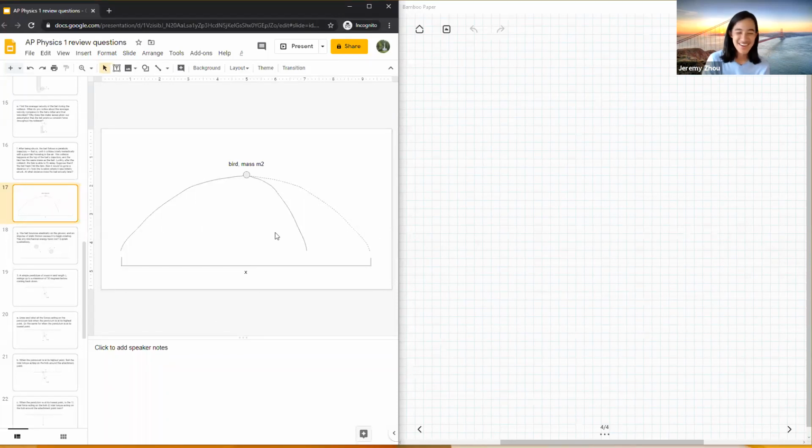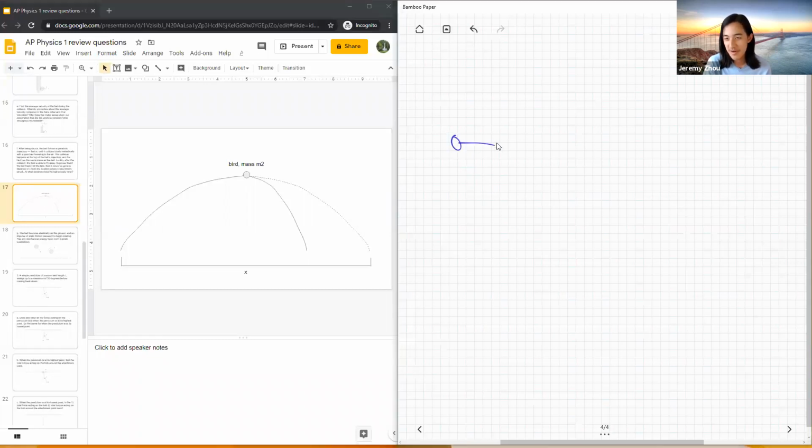Okay, so we only care about the horizontal velocity after the collision, right? So the horizontal velocity before the collision is some number Vx. And then after the collision, because it's inelastic, the ball has now hit the bird, which was originally stationary. So that means that the new velocity is Vx over 2.